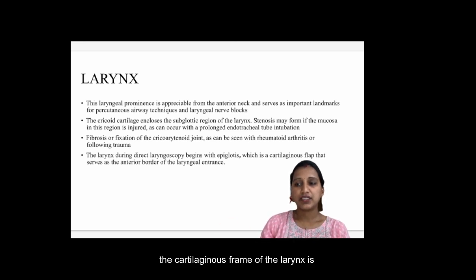The cartilaginous frame of the larynx is made up of nine cartilages, three paired and three unpaired. The three unpaired ones are the epiglottis, the thyroid cartilage, and the cricoid cartilage, and the three paired ones are the arytenoid, the corniculate, and the cuneiform.